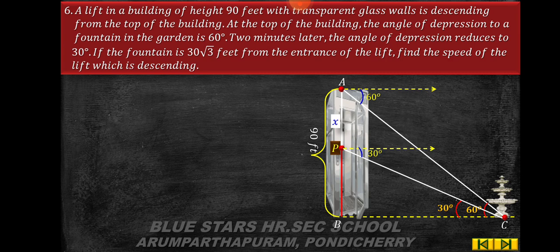So AP is x and PB is 90 minus x. Then join the line BC. The distance between the lift and the fountain is 30 root 3 feet.